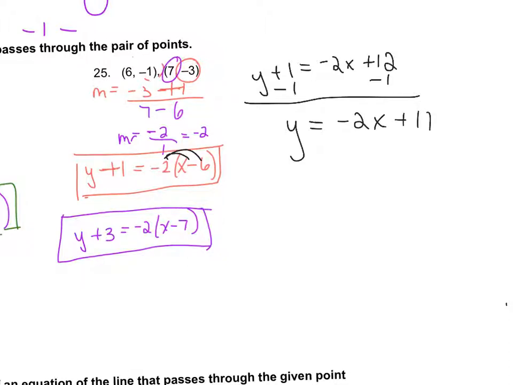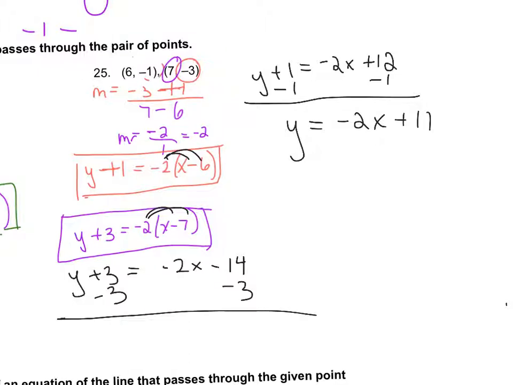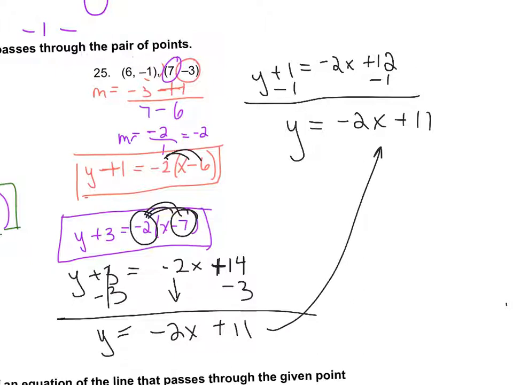If you would have done the other point, the purple one, and distributed, you would get y plus 3 is equal to negative 2x minus 14. If you subtracted 3 from both sides, you would also get y equals negative 2x, and that's plus, I apologize. Again, negative 2 times negative 7 is positive. And this gives you plus 11. So it gives you the same slope-intercept equation, because it's the same line.